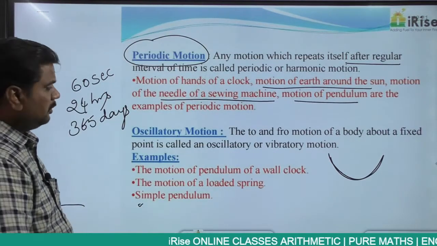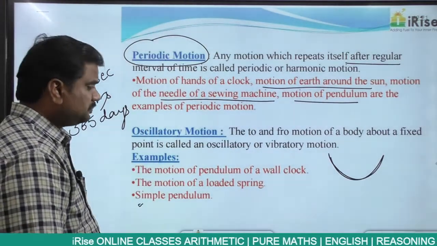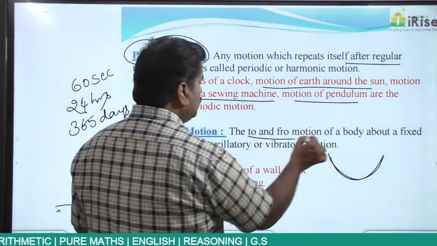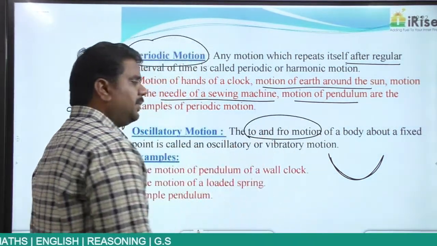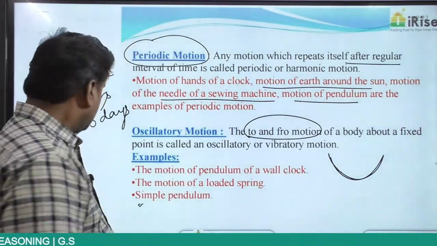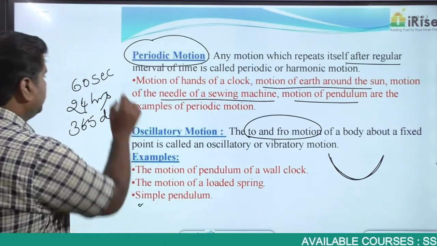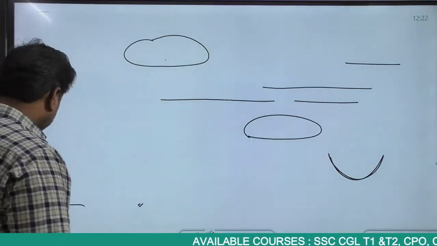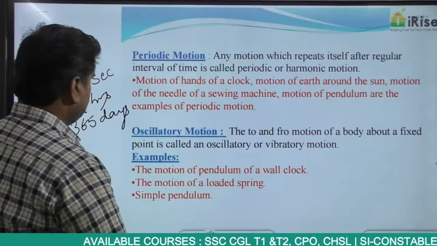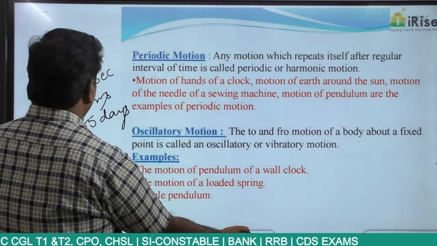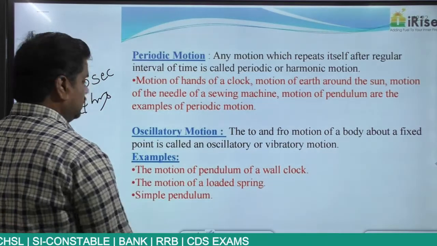At the same time, you're talking about oscillatory motion. In the case of oscillatory motion, you're talking about the to and fro motion of an object. That is what you call oscillations.